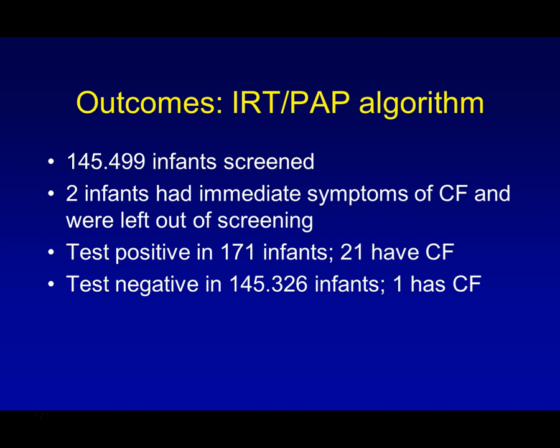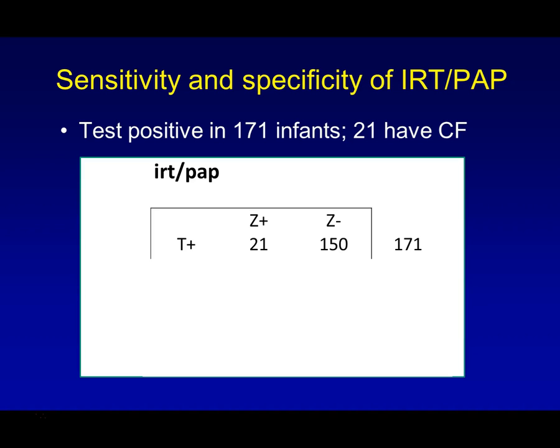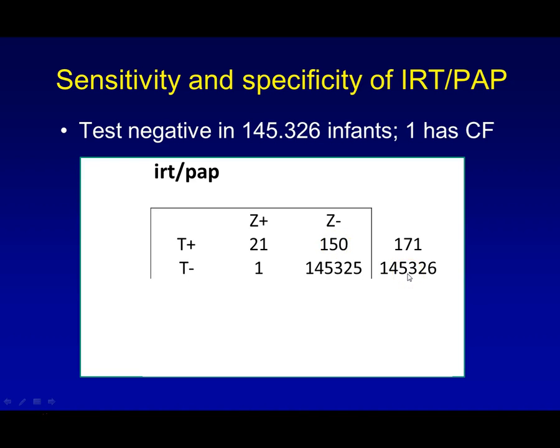When we apply the matrix or the table, we see a positive test in 171 infants. 21 of them had CF, and that means that of the 171 subjects, 150 were not diseased. 145,326 subjects had a negative test.